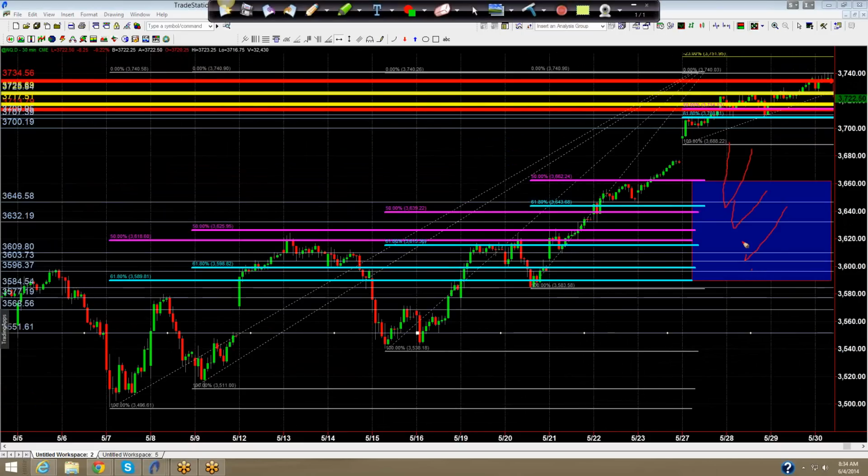I do note that this area seems particularly poorly auctioned. I'd have to go, and obviously this is a 30-minute chart, there's no detail, but I do know that area is important, and I'll start looking based on stretches intraday and also stretches from the highs where we could get a potential reversal.